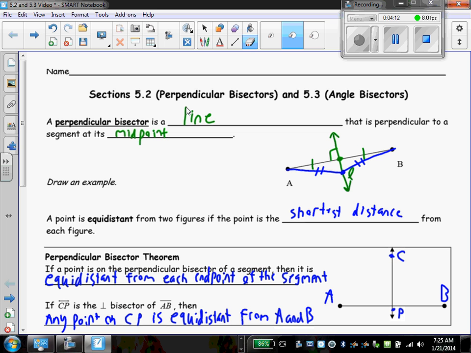Basically, being on the perpendicular bisector means that you're the same length from each of the endpoints of the segment that you're the perpendicular bisector of.